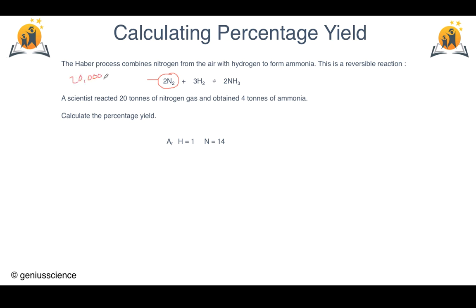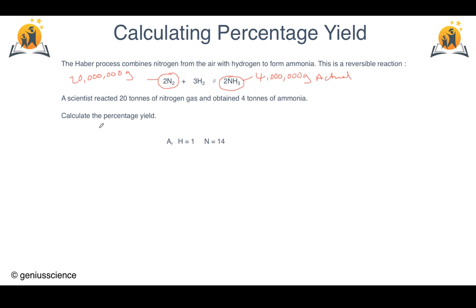So we have 20 million grams of nitrogen gas. And ammonia, again, 4 times a million gives us 4 million grams of ammonia. And that is the actual yield, because that is what was obtained.